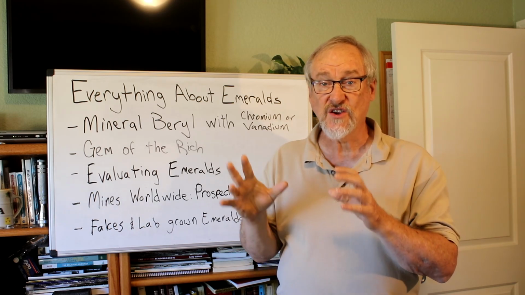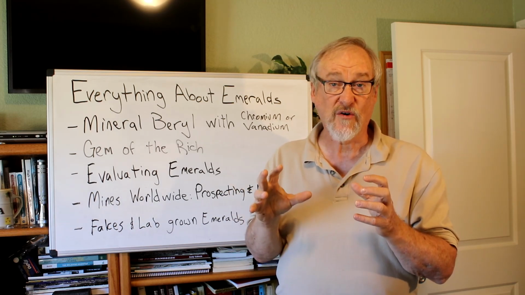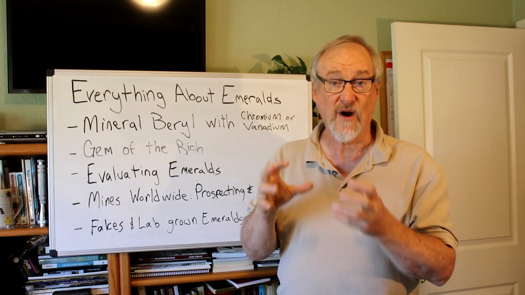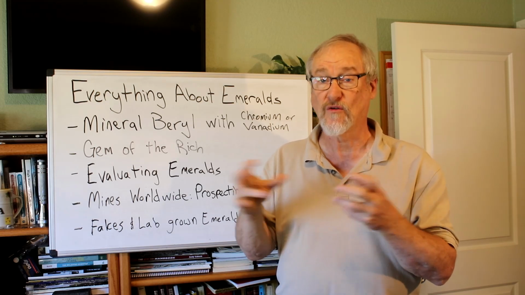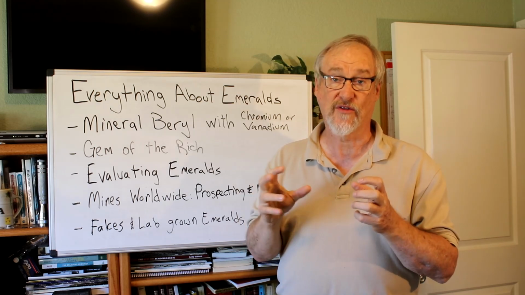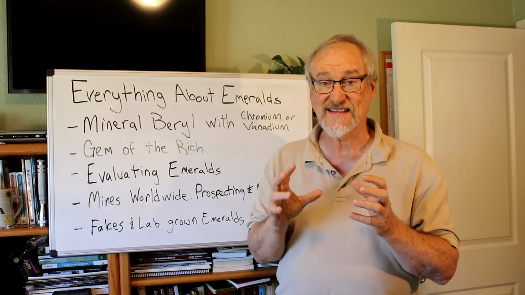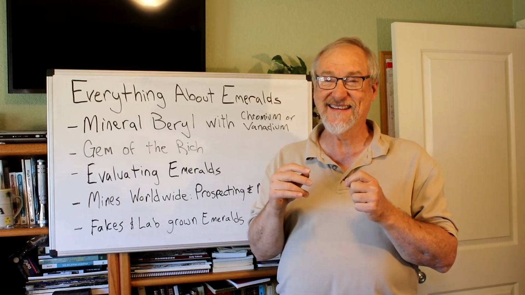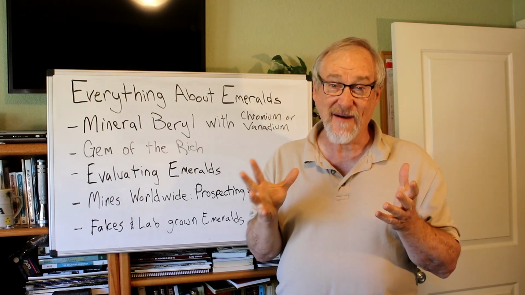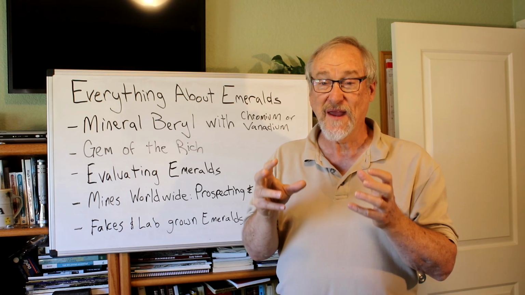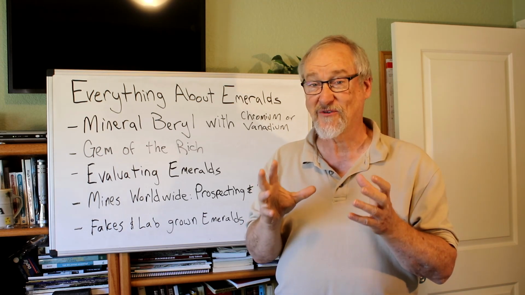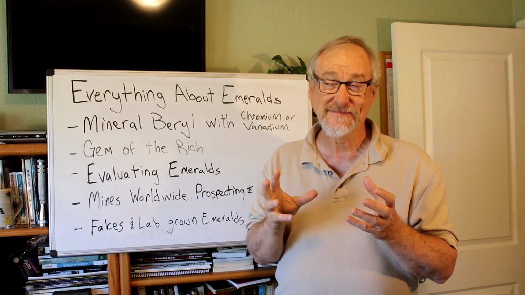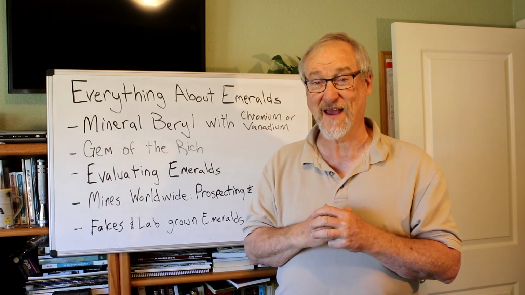But the trick is you need to form a beryl crystal in an environment where there's both chromium and vanadium, one or the other, because those are what's necessary to give it that color green. The problem is that most of the environments where beryllium is present and forms the mineral crystal beryl, usually there's not chromium or vanadium.